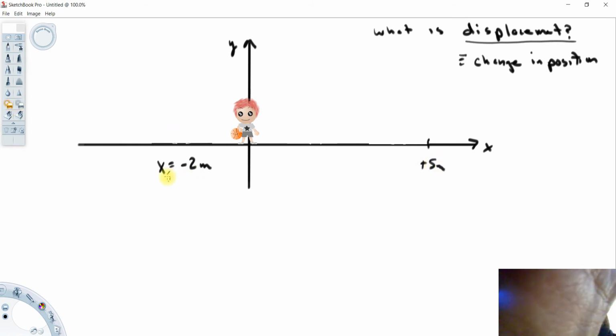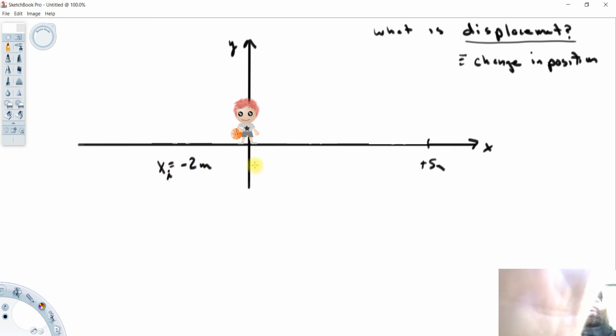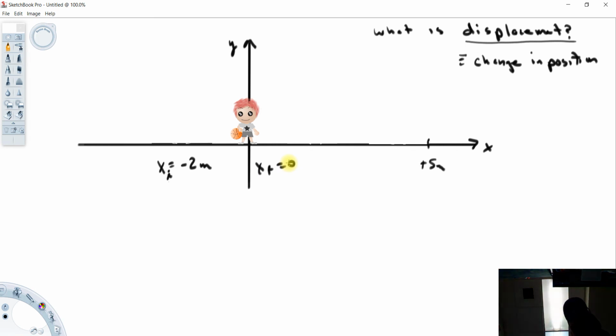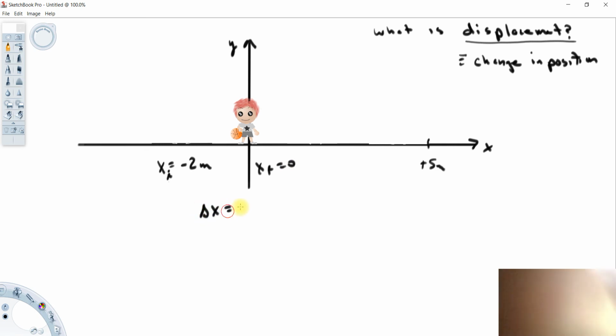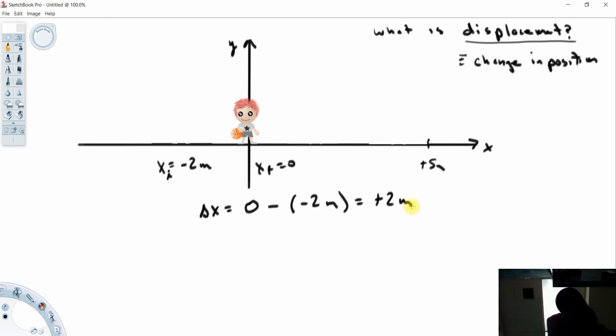In this example, this is now an x initial, and our x final is 0. Now, when you calculate a displacement, you only look at where did Timmy start and where did Timmy finish. Our delta x is going to be x final, which is now 0, minus x initial, which is negative 2 meters, and we get plus 2 meters out of that.